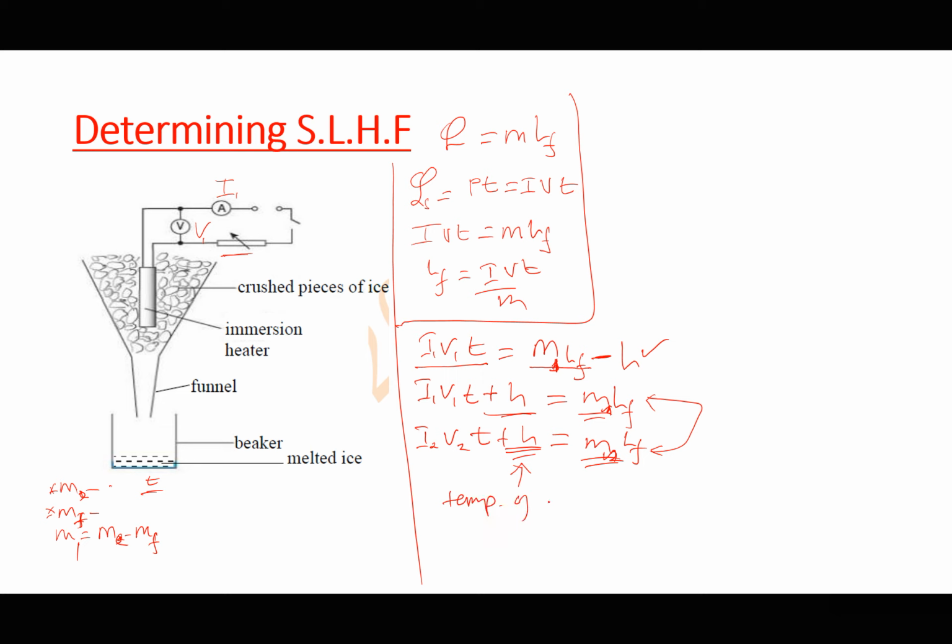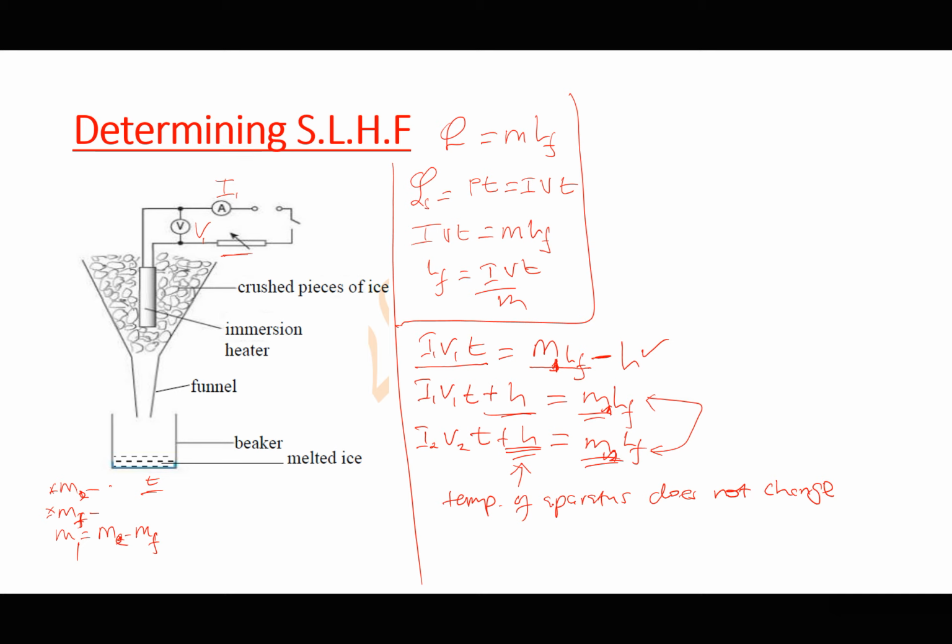That means the rate of heat exchange with the surrounding always remains constant throughout the experiment. Because the temperature of the apparatus does not change, the rate of heat exchange with the surrounding remains constant throughout the experiment.